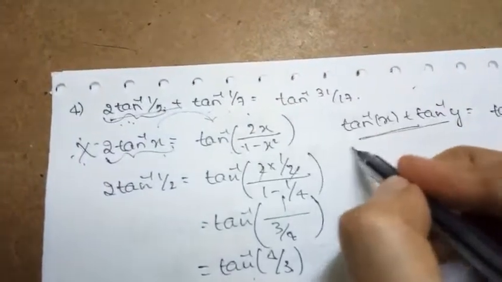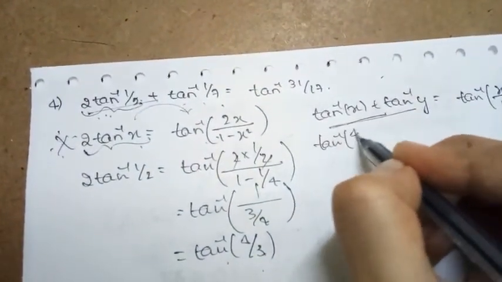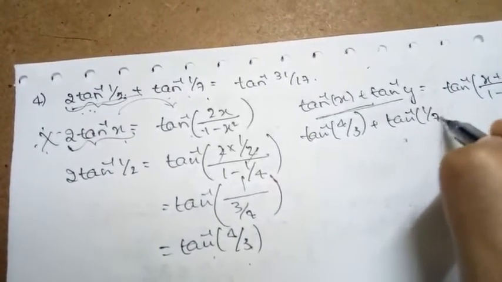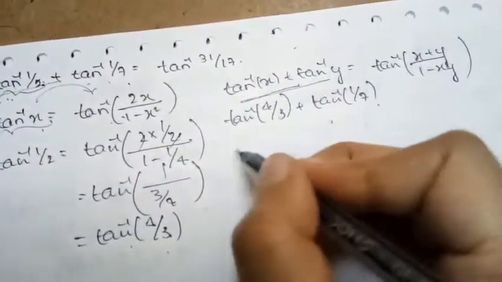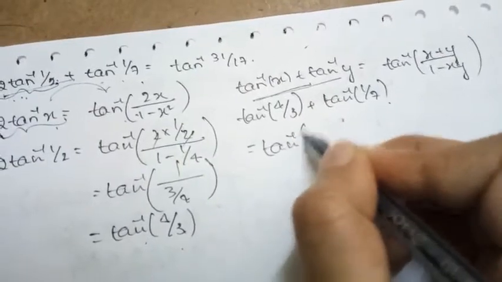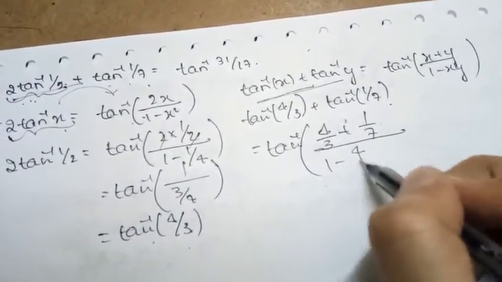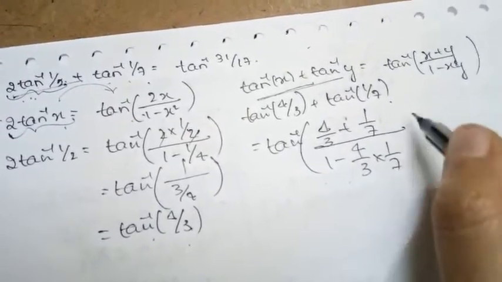So now it is tan inverse of 4/3 plus tan inverse of 1/7. Now with this identity I can write it as tan inverse of (4/3 + 1/7) divided by (1 - 4/3 × 1/7).